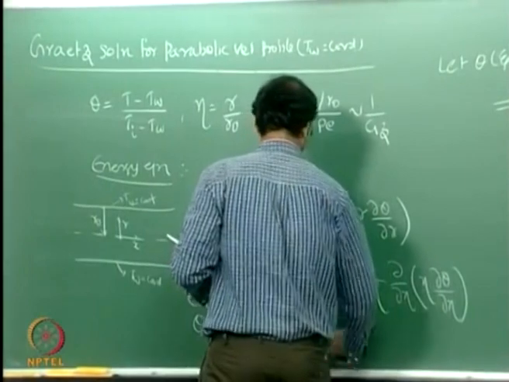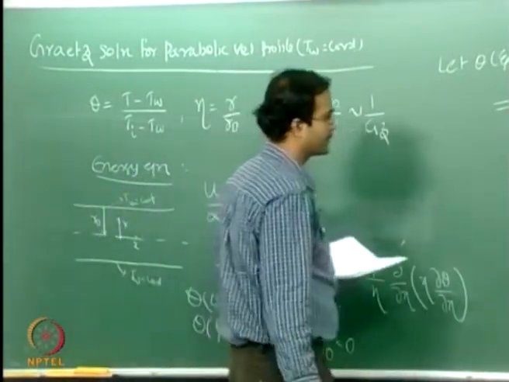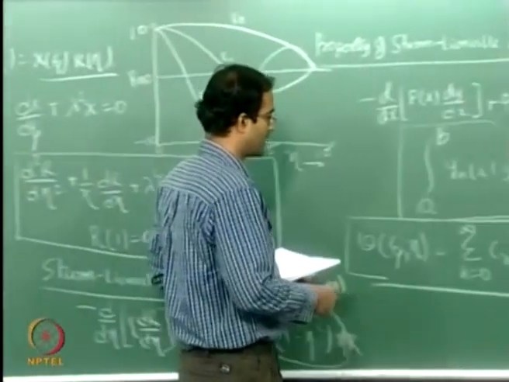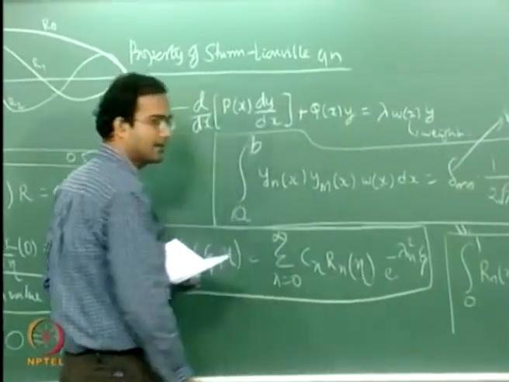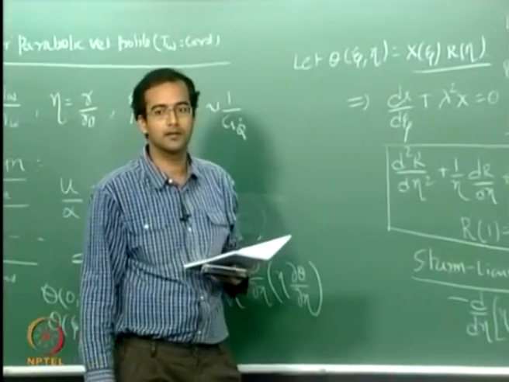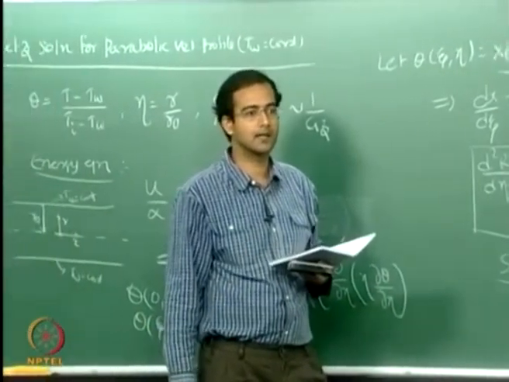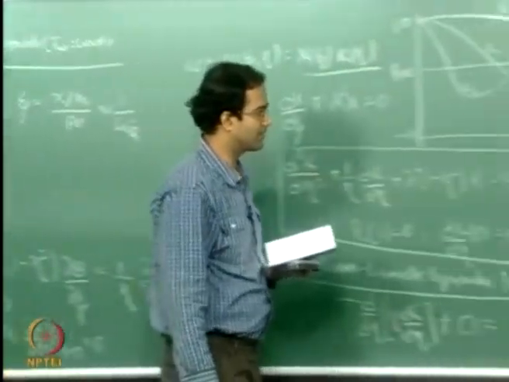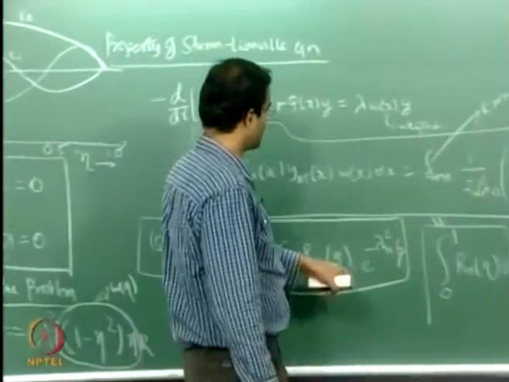So now the thing is, this is the solution, but still we have to find the constant Cn. For this we have to apply the initial condition, that is at zeta equal to 0, and we make use of the property of the Sturm-Liouville.